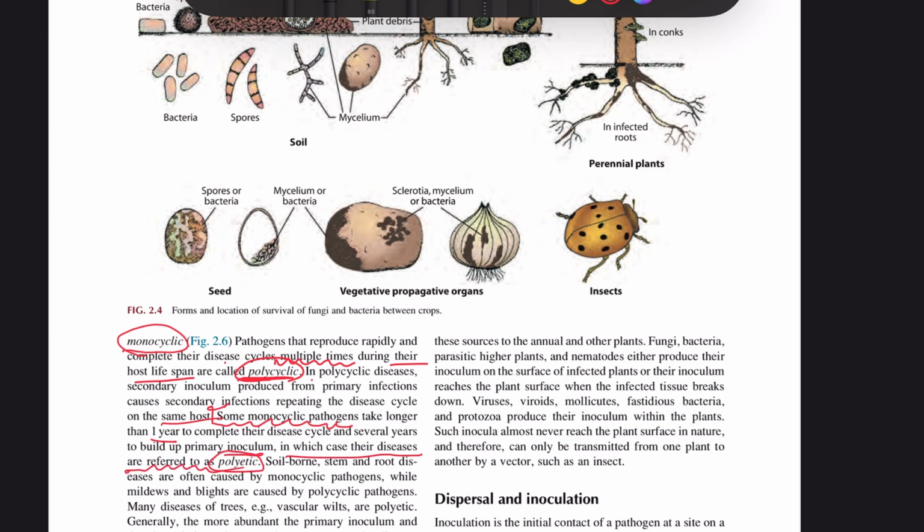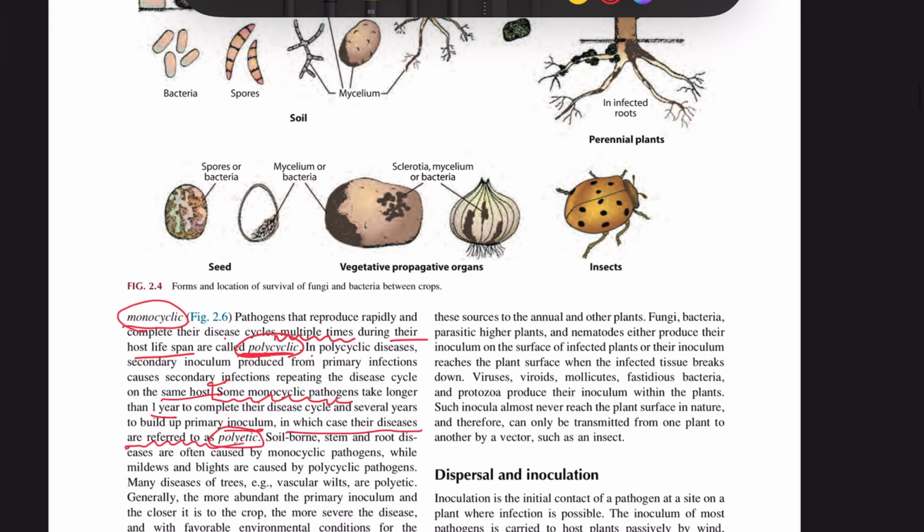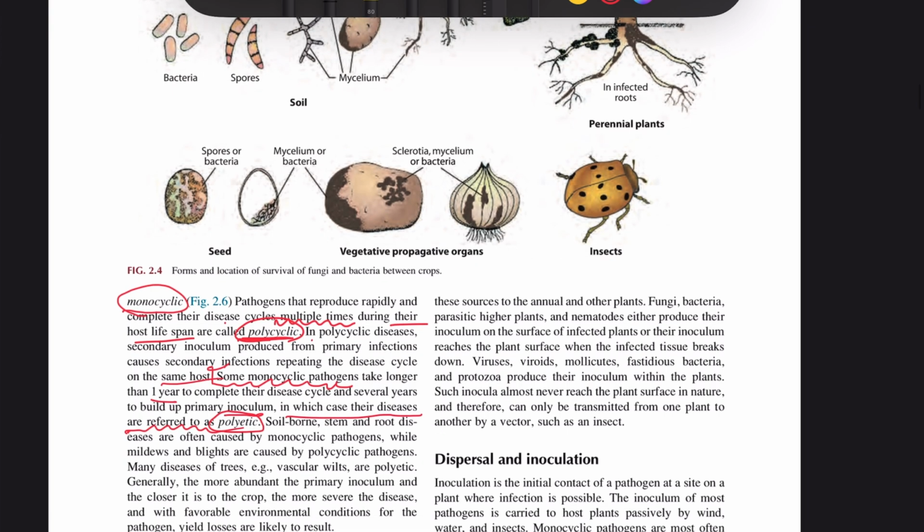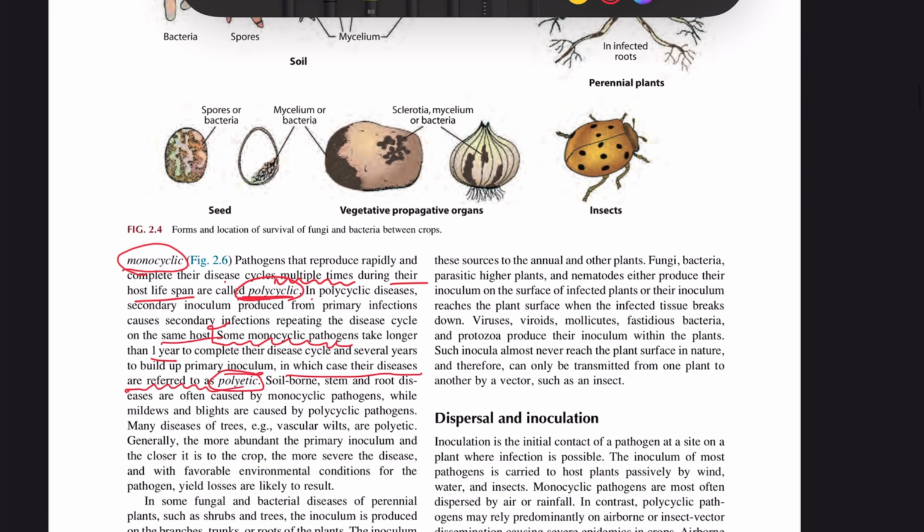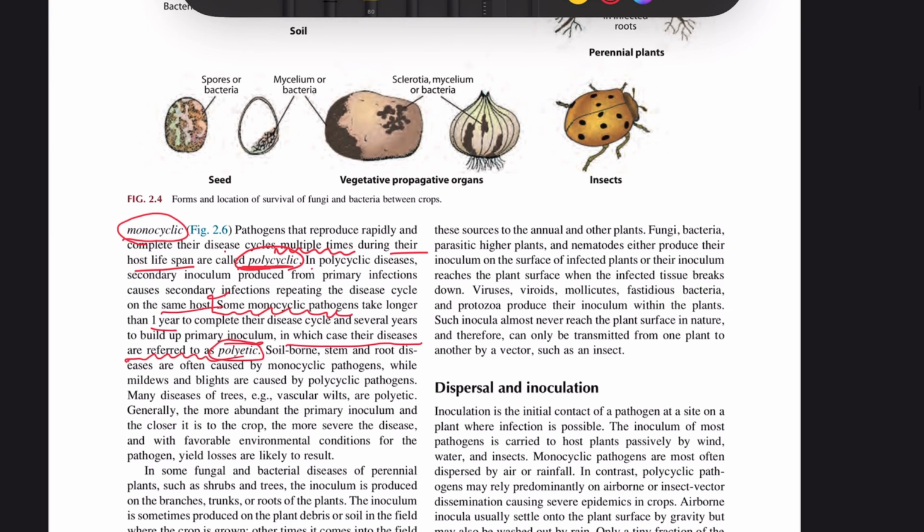Okay. Now we will see some examples of monocyclic, polycyclic, and polyetic diseases. Most of the soil-borne diseases are monocyclic. Stem and root diseases are often monocyclic. Any soil-borne disease you have heard of will come under monocyclic disease.